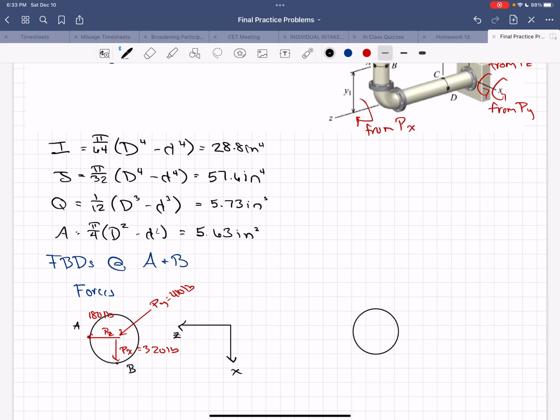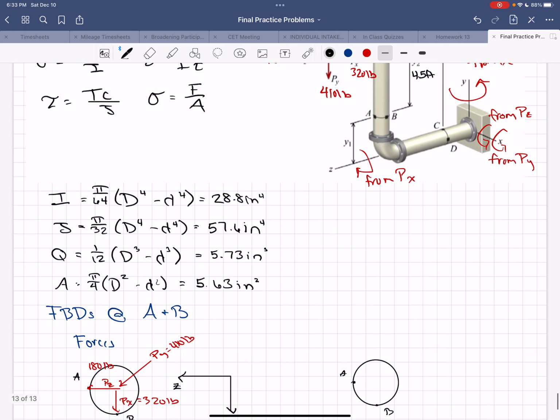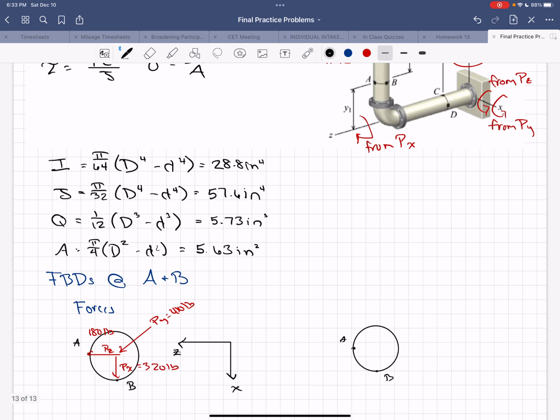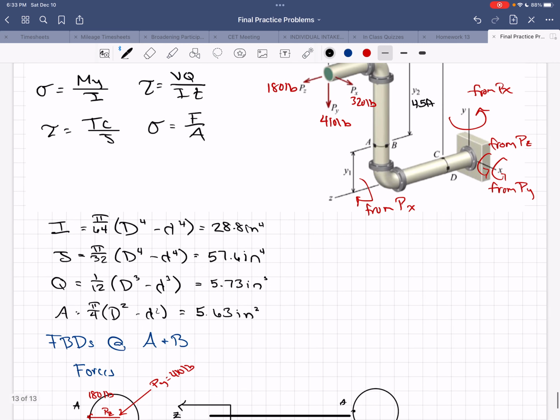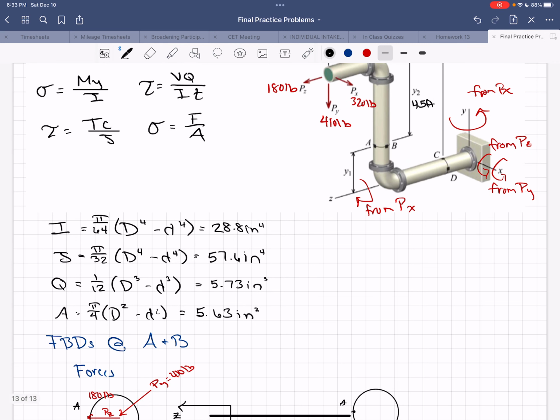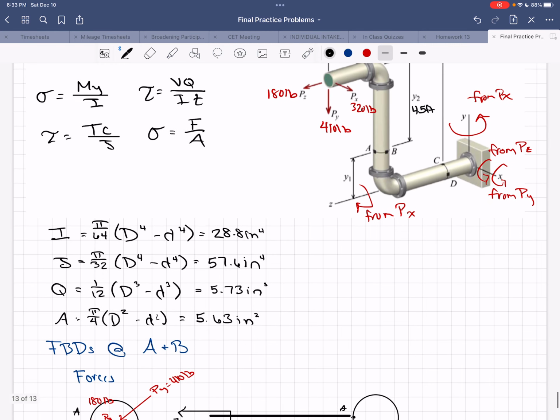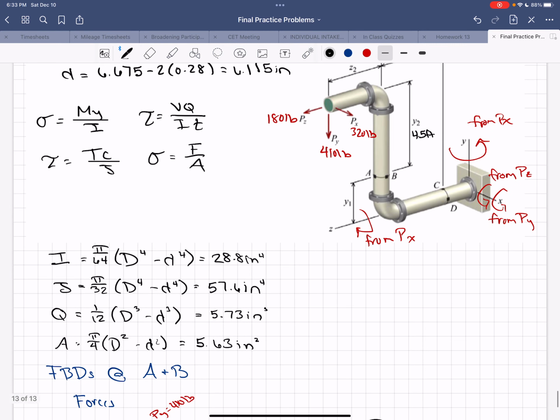So we have A here, B here. All right, so let's start with X. So we have a moment from PZ around X. So that's going to be PZ times this distance, 4.5 feet.